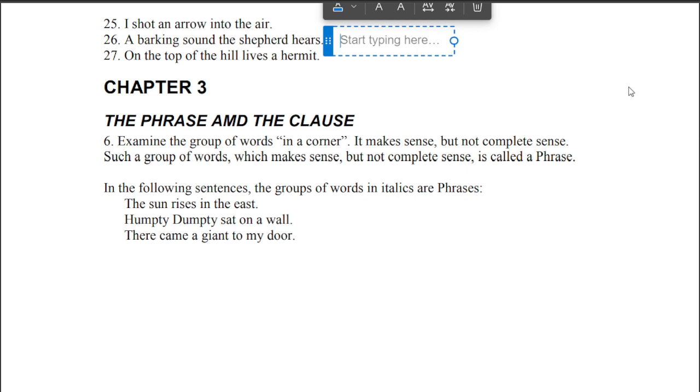For your convenience, I am going to rephrase the statement without changing the meaning. The shepherd hears the barking sound.